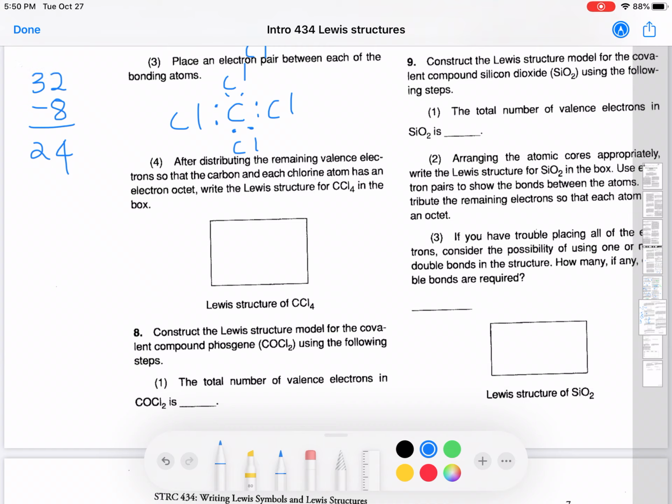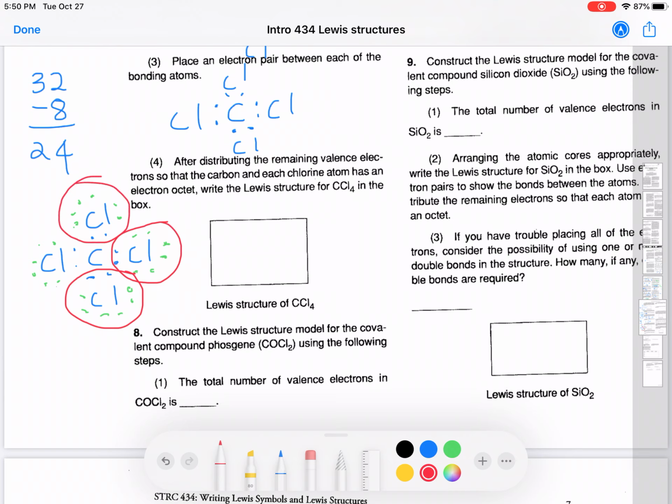So I'm going to give them as lone pairs to chlorine. 6, 12, 18, 24. So we distributed all the valence electrons. So chlorine is happy having 8 electrons. 8, 8, 8. And then the carbon is also happy having its 8 electrons. Everybody is happy with the octet. Okay.